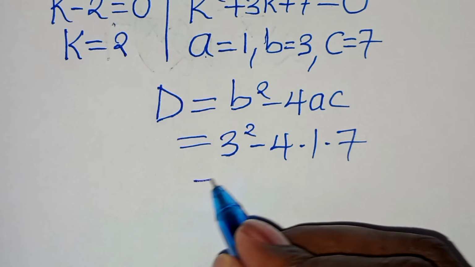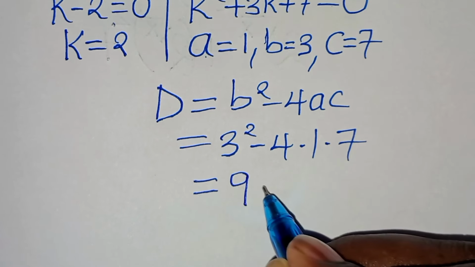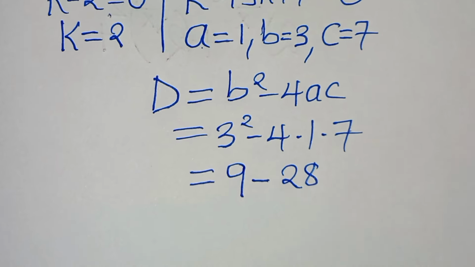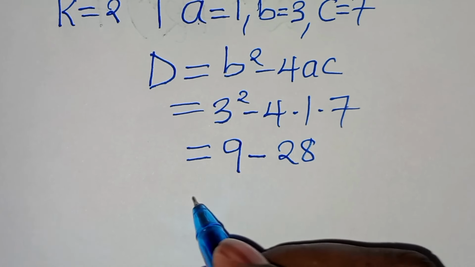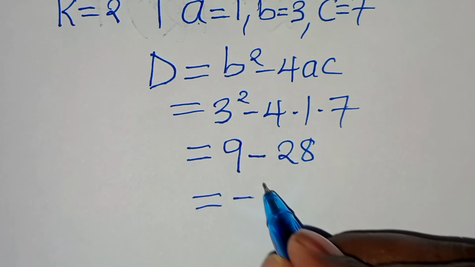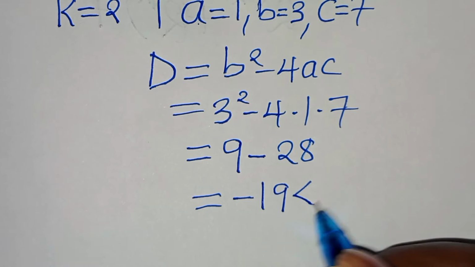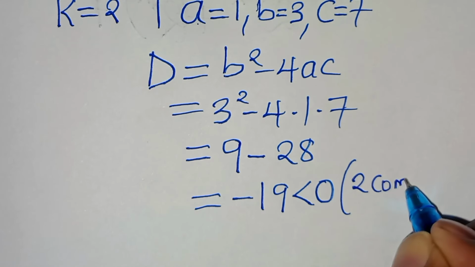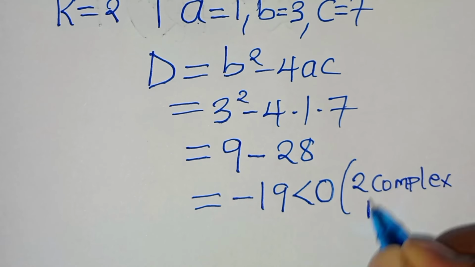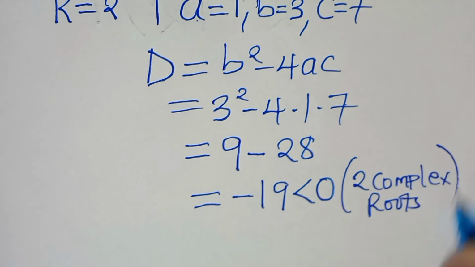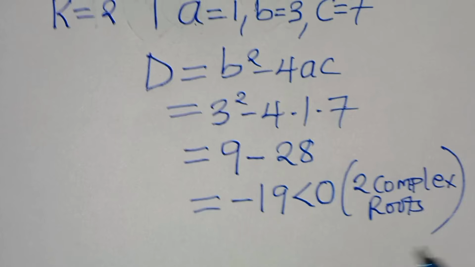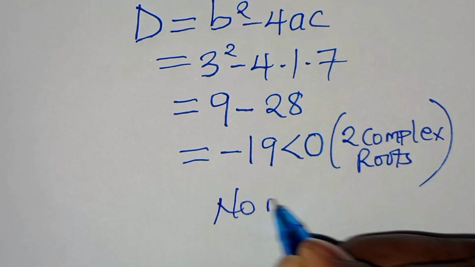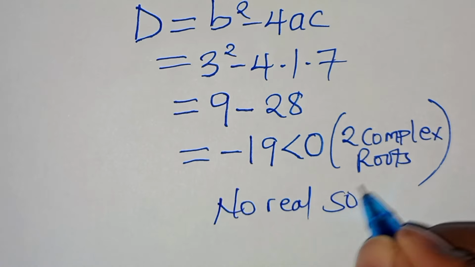So this implies we have 3 squared, which is 9, subtract 4 times 7, this is 28. So now 9 minus 28, this is minus 19, which is less than 0. And this implies that we have two complex roots. This implies that from this quadratic equation, there is no real solution that can be obtained.